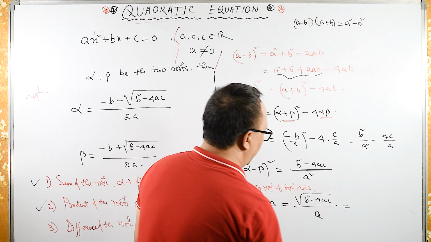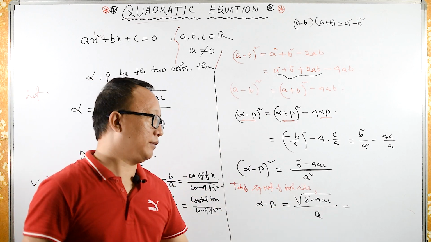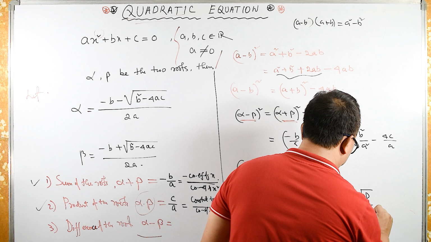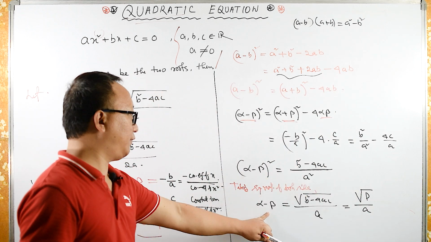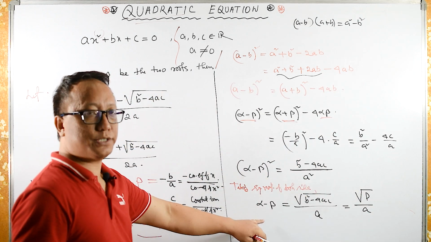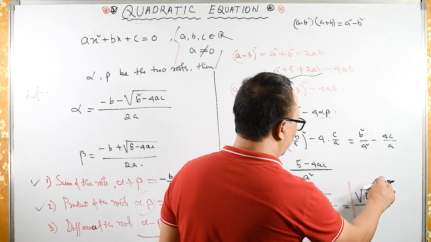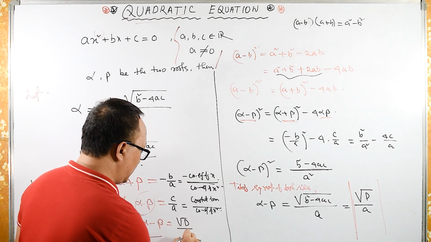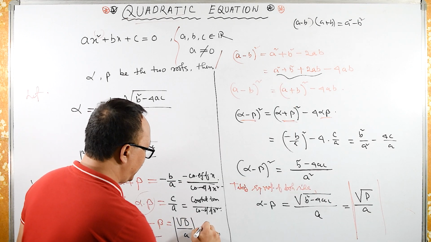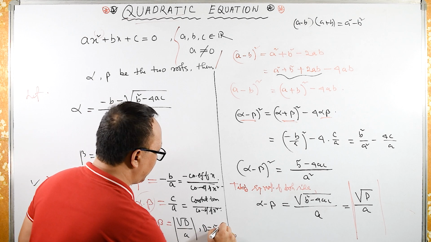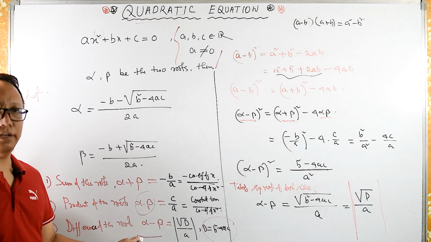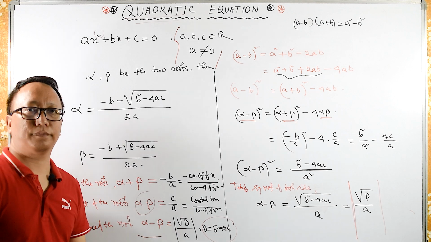And this is called the discriminant, so this is the same as square root of d upon a. Since the difference is always positive, therefore we take modulus. Therefore this is the same as modulus of square root of d upon a, where d is the discriminant, meaning b square minus 4ac. So this is the difference of the roots alpha minus beta.